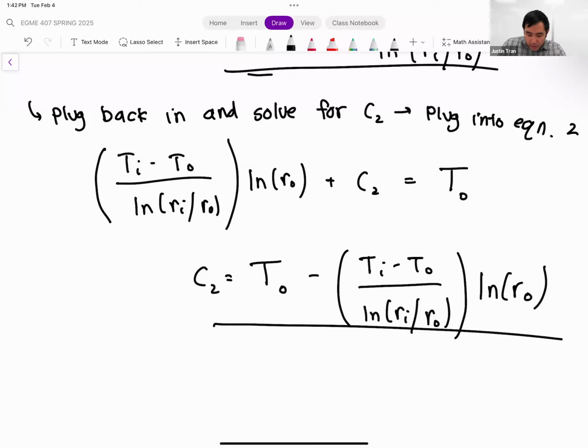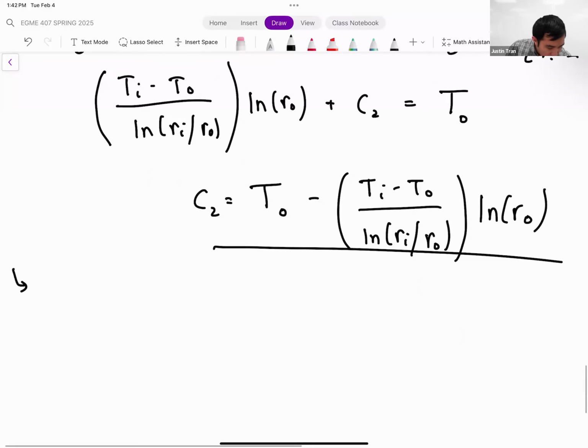All right, and that's it. And so let's go ahead and plug in these values for C1 and C2, and then we're going to get our final solution.